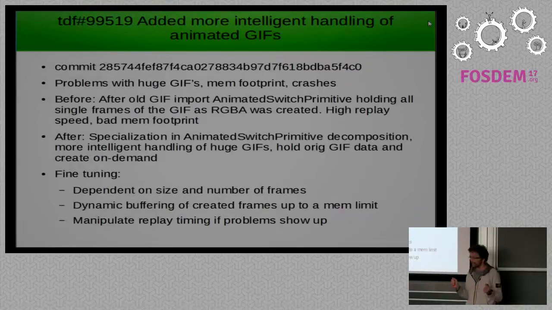The GIF was rendered into single pictures as preparation, and the single pictures were put in an animated switch primitive, and in this case, it were 800 or something of them, all pre-rendered as RGBA images and stored in this primitive.